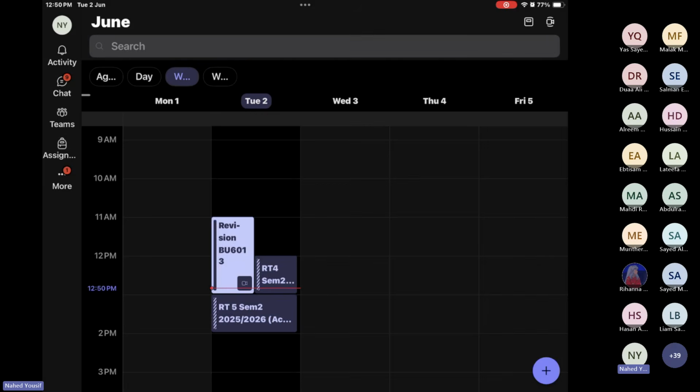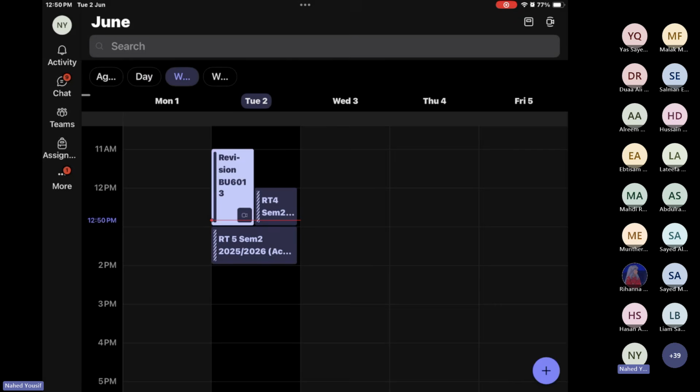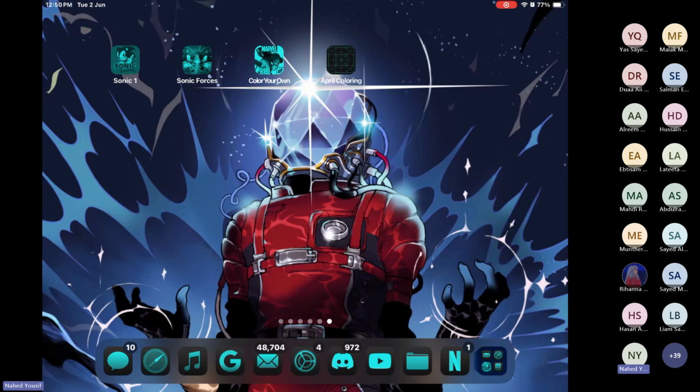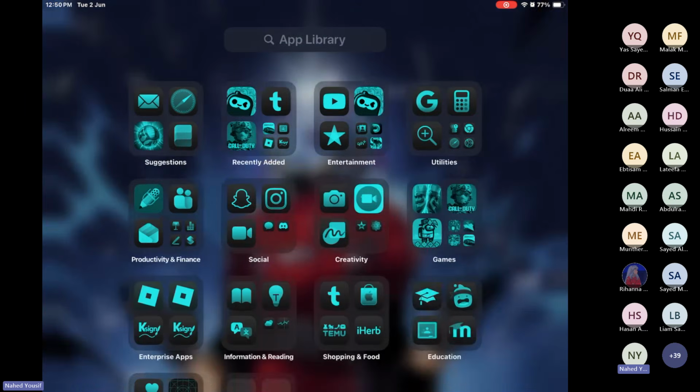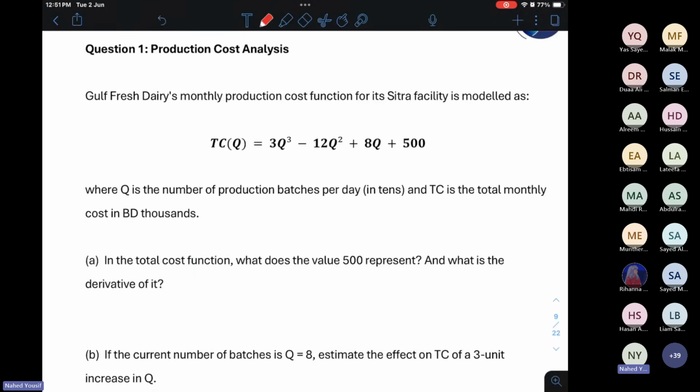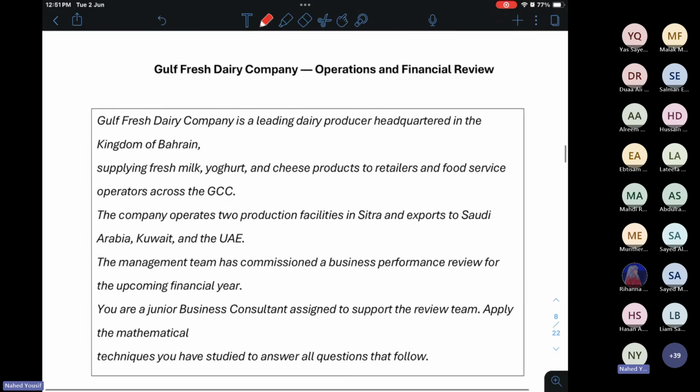Okay, and the second part we have. I'm sharing already. Okay, the case that is required here, as you can see, it will be based on this case.